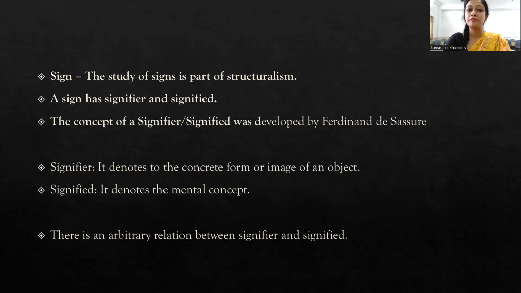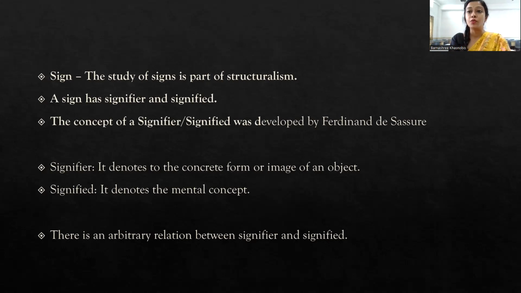What is a signifier? Signifier denotes the concrete form or image of an object. So when I say, do you have a Titan watch? The word Titan watch, in written form or maybe in spoken form, becomes the signifier.